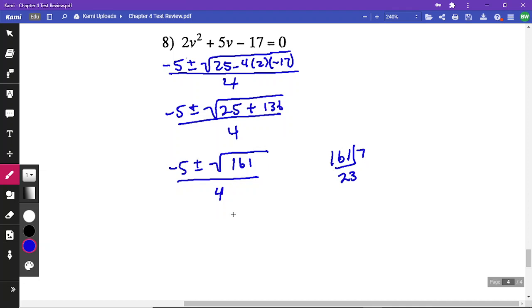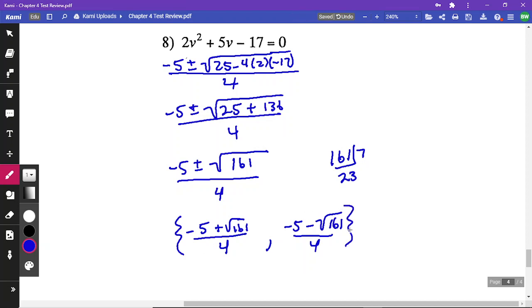You can write it as minus 5 plus the square root of 161, splitting and writing the two solutions like this, but you don't have to. We haven't been doing that, but you can if you want to. You could write it in brackets as the solution set. But this is the way we've usually been doing it, just leaving it like that.